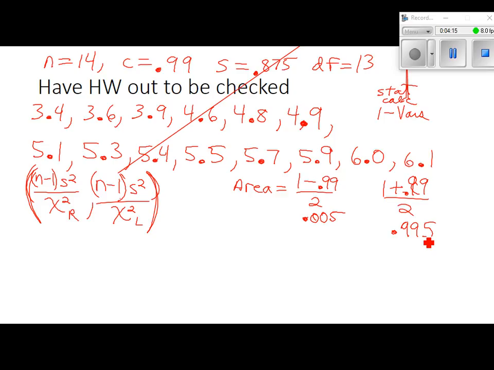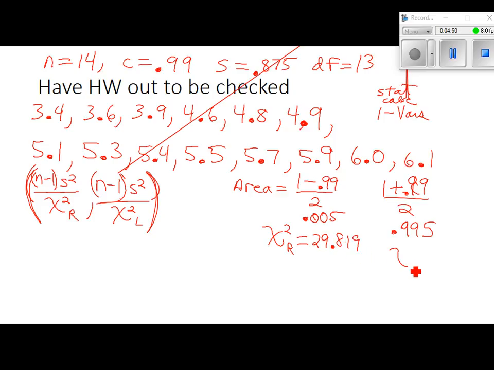So you have to find those two areas, then you grab your chart. Make sure you're looking at the chi-square chart. What was our degrees of freedom? 13. Remember, you've got n minus 1. We go over to 0.005 to find our chi squared right: 29.819.